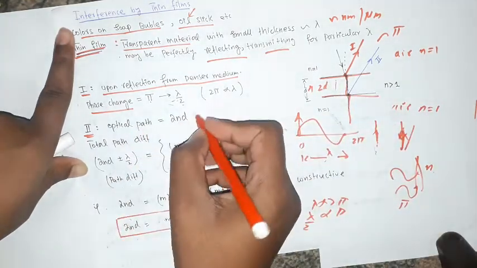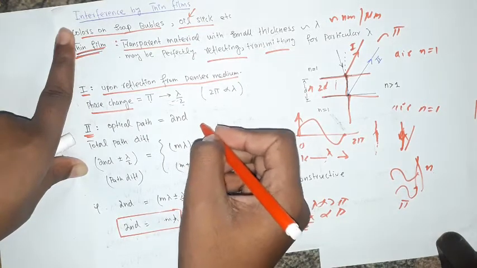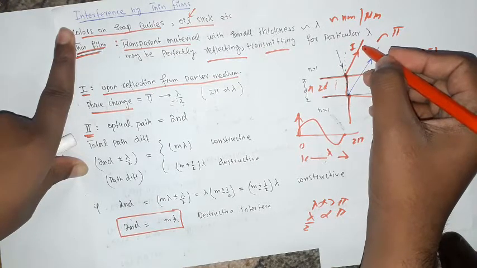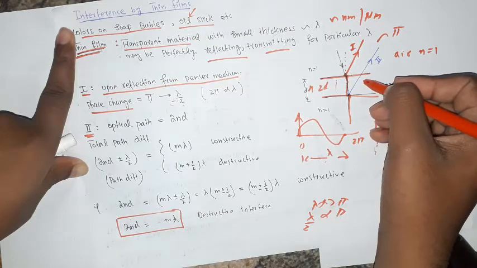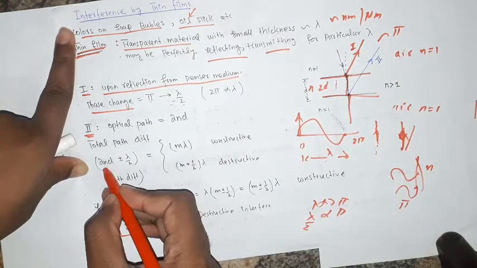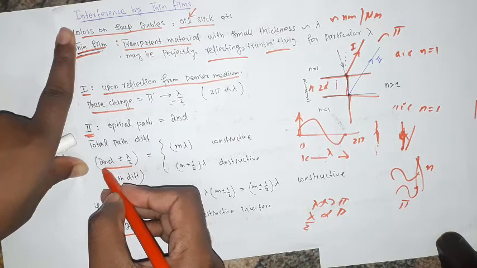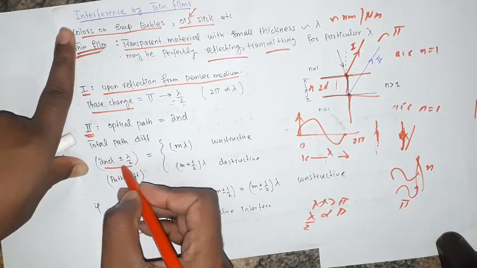So the optical path will be 2nd. Now what is the total path difference between these two waves? Wave 1 contributes lambda by 2, while wave 2 contributes 2nd. So the total path difference is 2nd due to wave 2 and lambda by 2 due to wave 1.